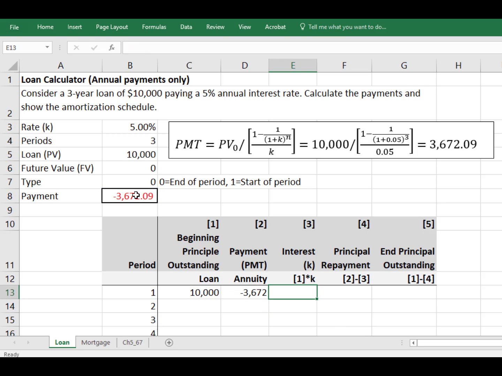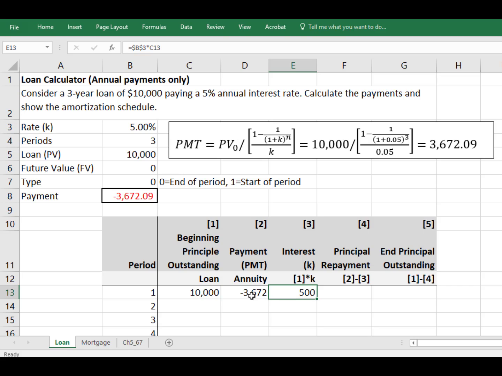Okay. Now you may be wondering how much of this is going to be interest and how much is principal. Well, to figure out the interest, it's going to be the rate of interest, and I'm going to also make that absolute cell referencing, multiplied times the beginning balance of the loan. Okay. As you can see here, it is $500.